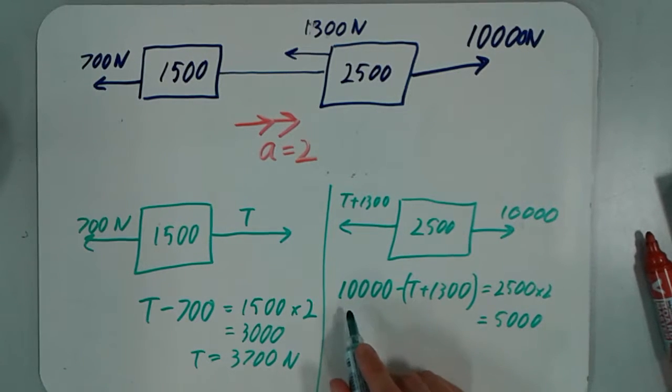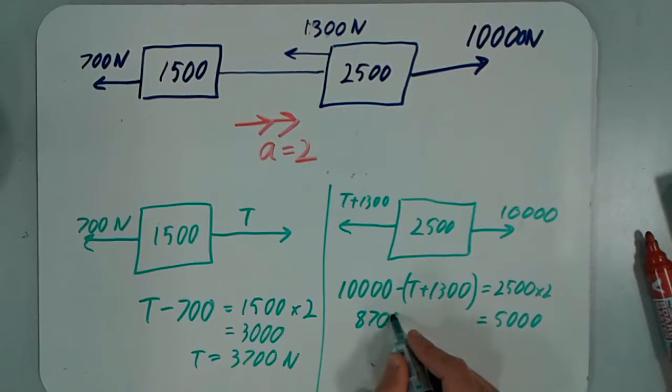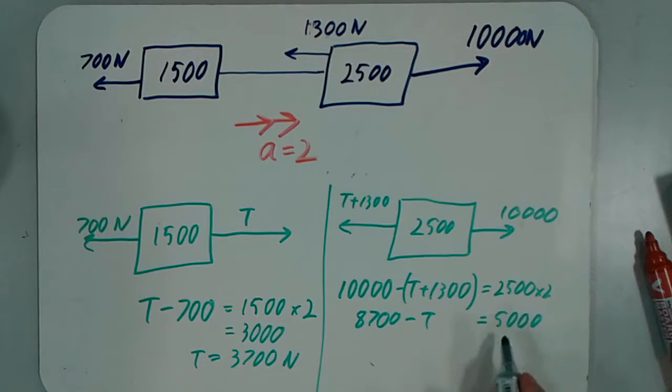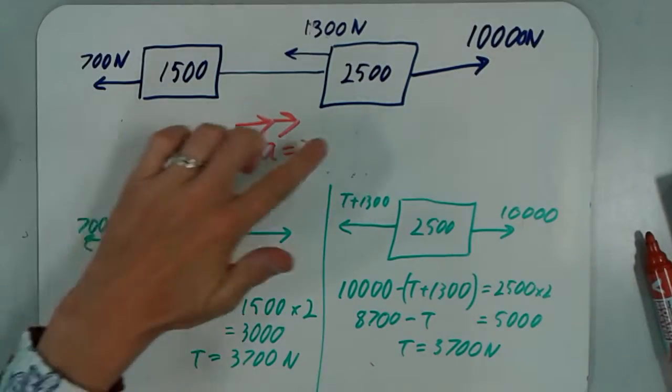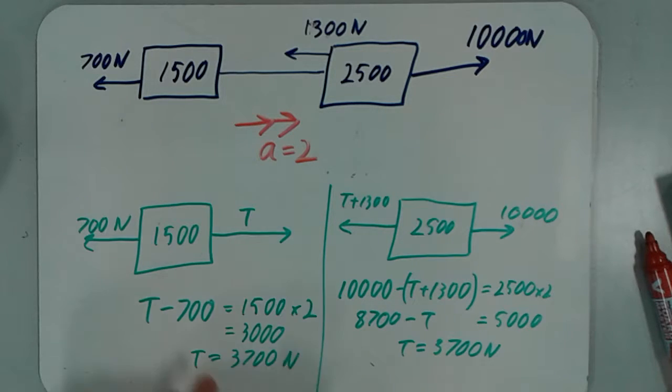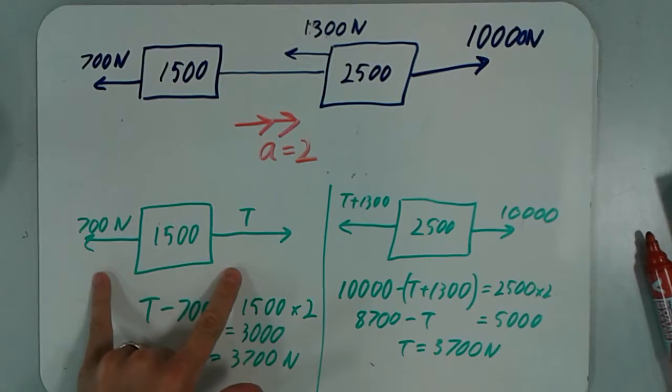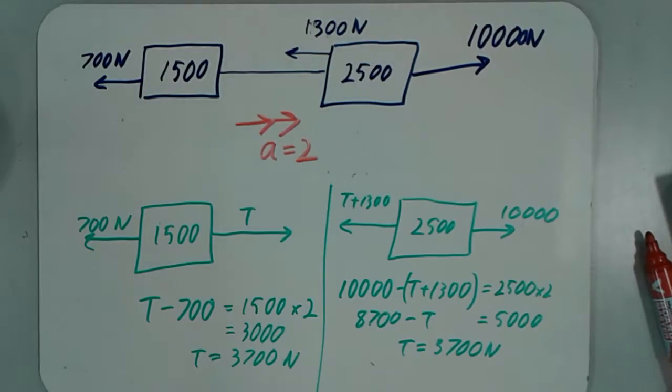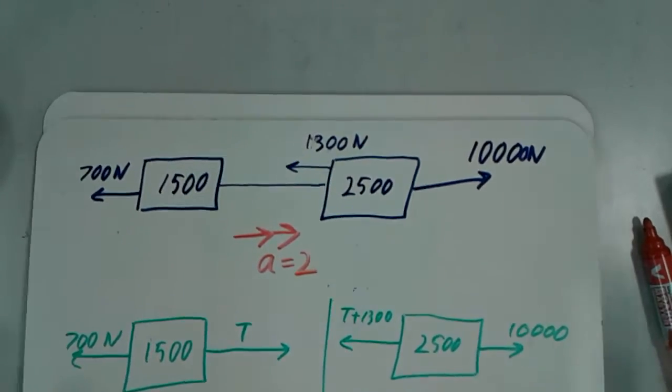That's going to give us 8,700 minus T. Rearranging this, T equals 3,700 newtons. So you see, it doesn't actually matter which one of the vehicles we consider. We'll get the same answer, however there are just fewer forces on the caravan, so it's much easier to use the caravan.